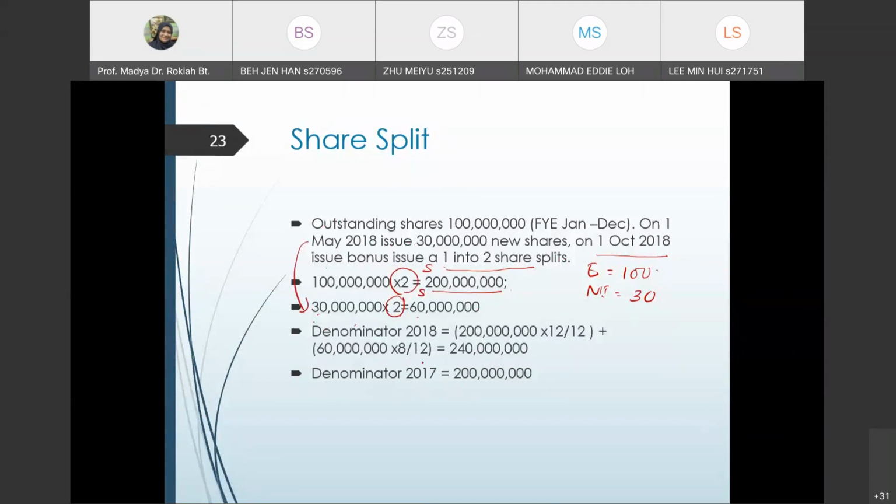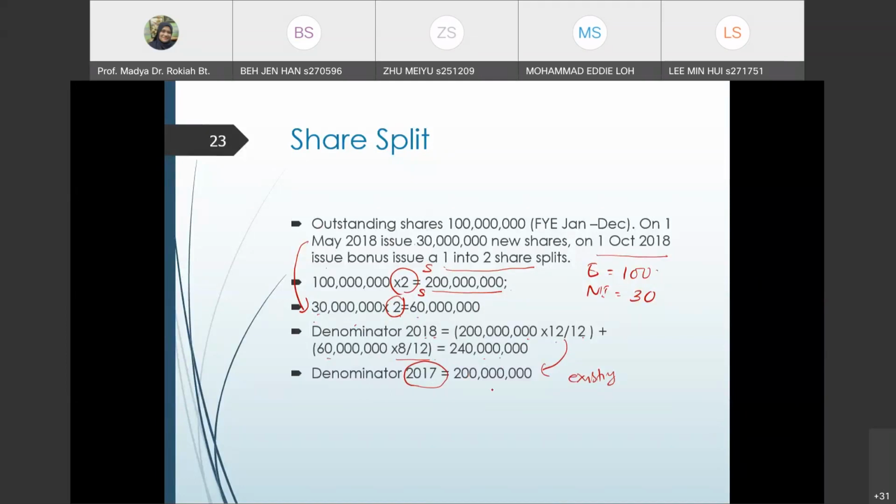So the denominator for the year 2018 here is 200 times 12 over 12 plus 60 times 8 over 12. So 240. But for the year 2017, the denominator here is only for the existing shares, so it's only 200.